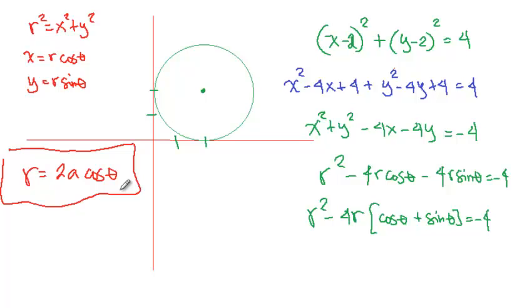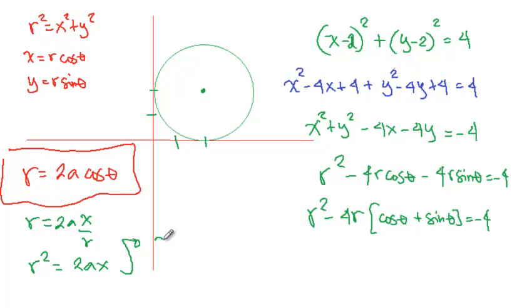What do we do? Cosine theta is just x over r, so it will be 2a times x over r. Multiply r on both sides. What do we get? r squared is equal to 2ax. Replace r squared by x squared plus y squared.